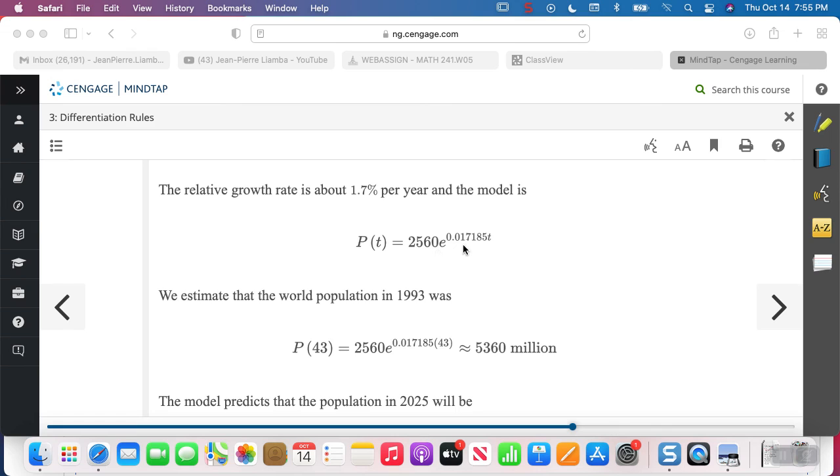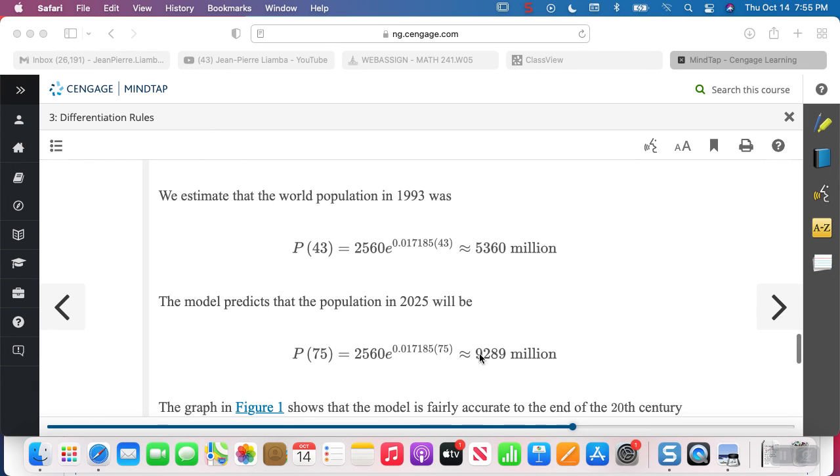So you go to this equation and plug in 43 for t, and this gives you an estimate of the population in the year 1993. It's going to be about 5,360 million people. Similarly, we can estimate the population in 2025, which is P of 75.